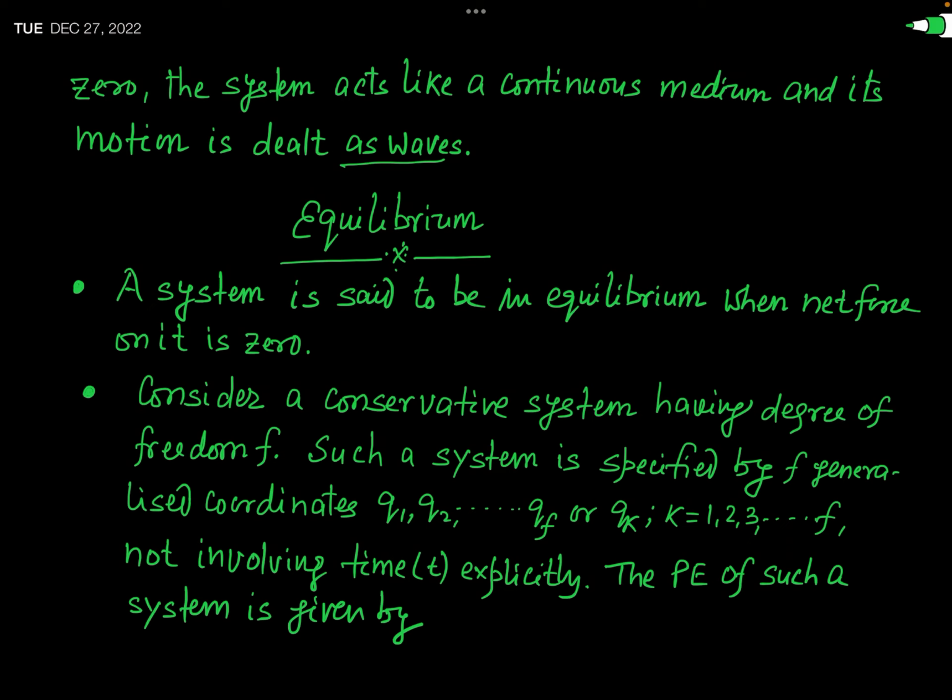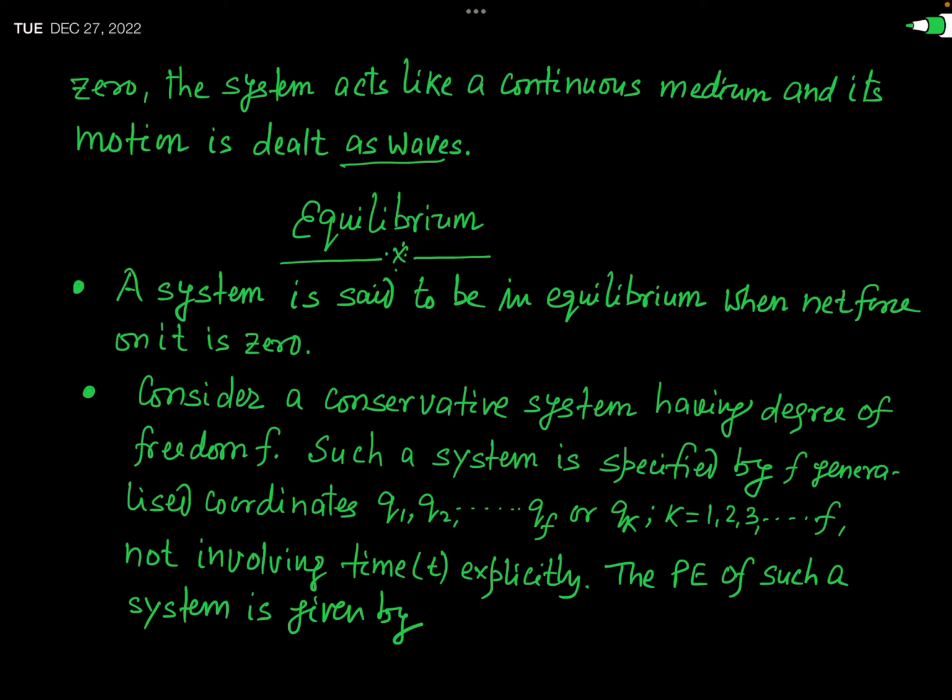A system in equilibrium means that the net force or the resultant force on the system is 0. In other words, if the resultant force on a system is 0, then such a state of the system is called its equilibrium state. Net force must be 0 on the system to be in equilibrium state.